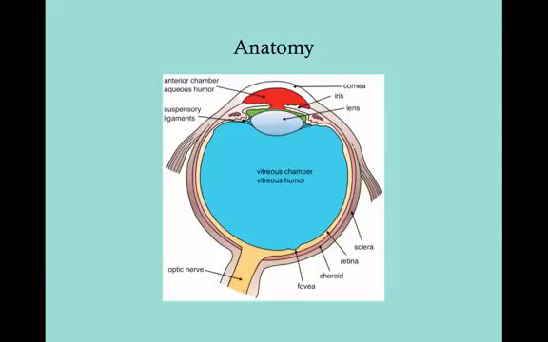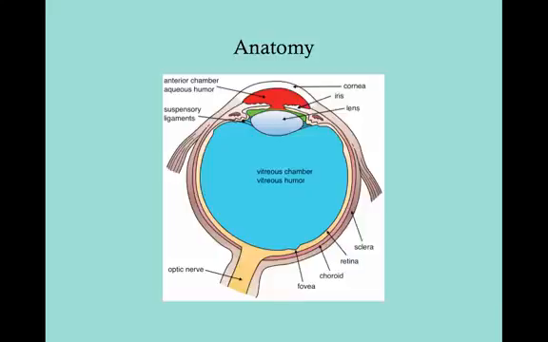If you were to look at the top of the globe, sliced down the middle, this is what you would see. So it's a little easier to see the chambers here. Your anterior chamber, your posterior chamber, and your vitreous chamber. The anterior chamber is bordered by the cornea anteriorly and the anterior part of the iris posteriorly.